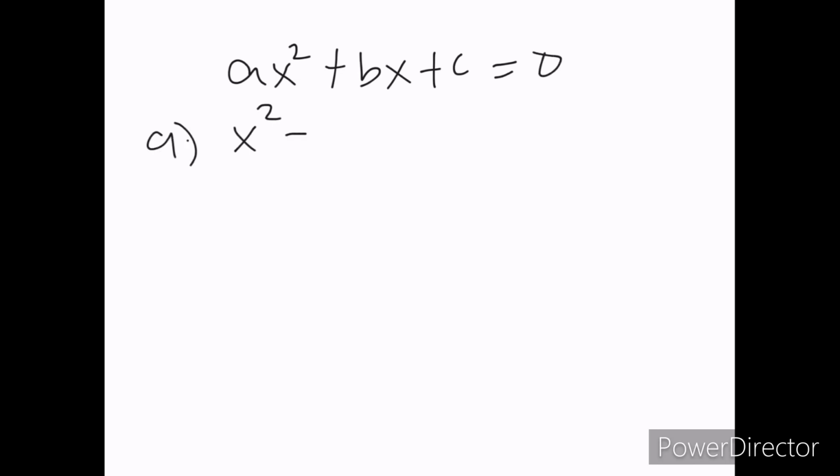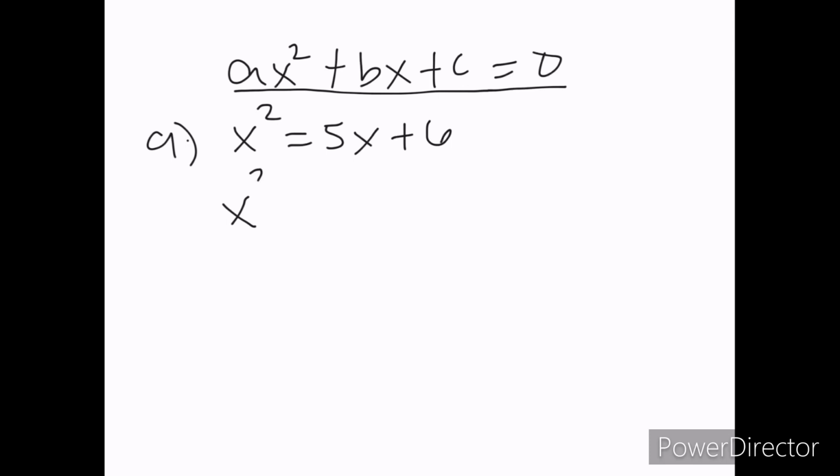How to express the following quadratic equations in the form of ax squared plus bx plus c is equal to 0? For example, x squared is equal to 5x plus 6. This is a quadratic equation, and we are going to express it in its standard form. So how?